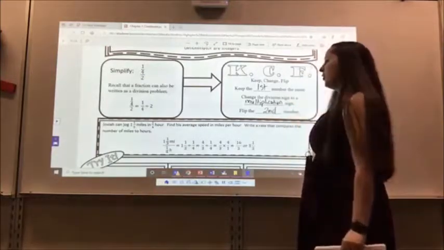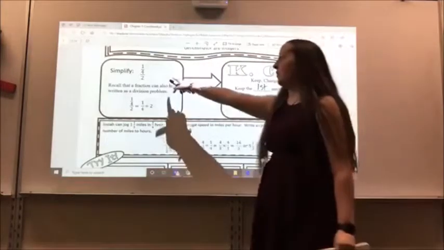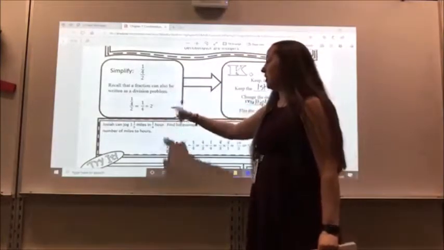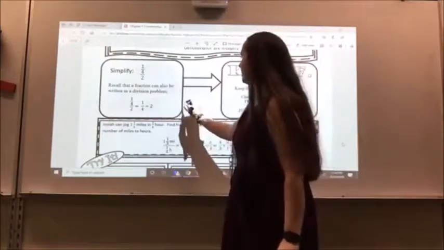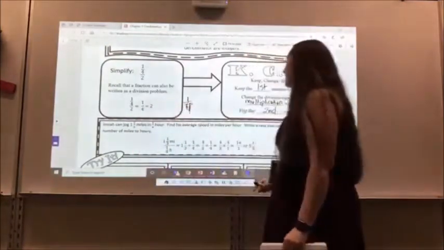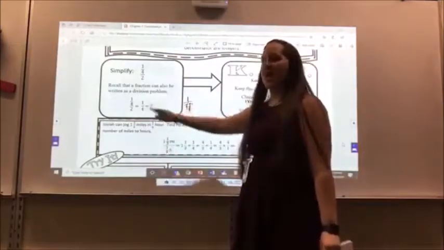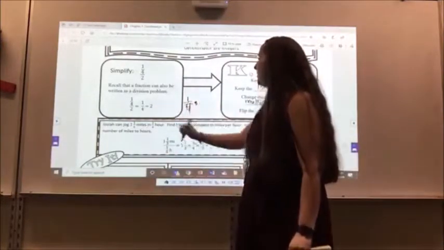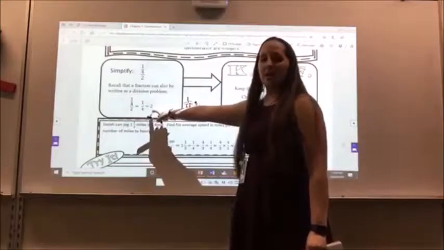If I were to solve this, 1/4 over 2, I would take 1/4. I keep that one the same. I'm going to change my division sign to multiplication, and I'm going to flip my second number.